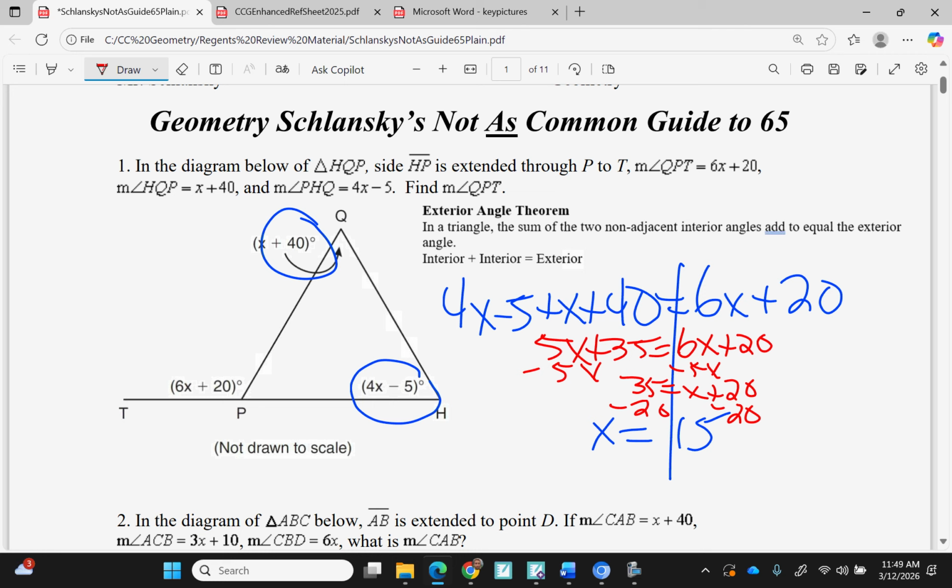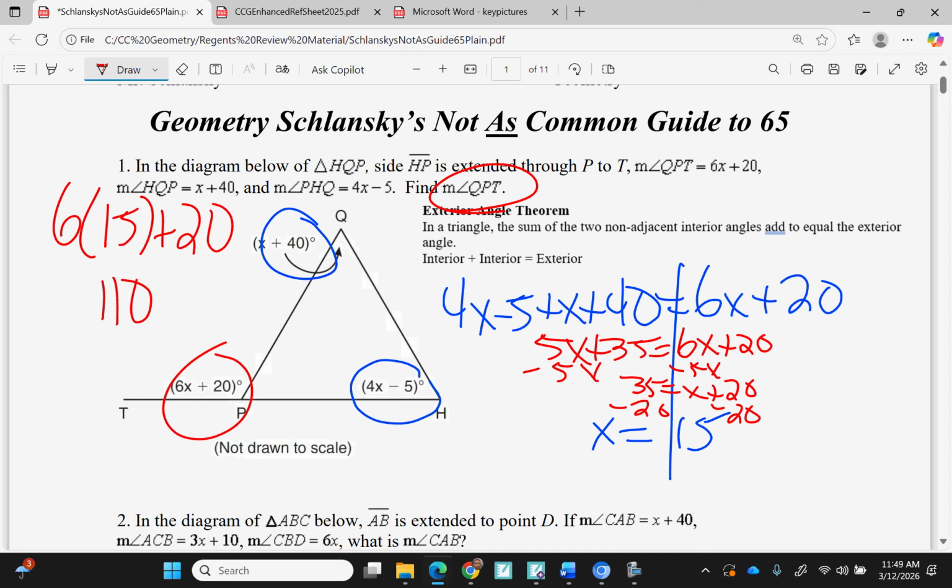Make sure you answer the question. It could ask for x. In this case, it asks for angle QPT. Well, angle QPT is 6x plus 20. So I do 6 times 15 plus 20. That's 110. So again, for an exterior angle, if you have an angle outside the triangle, interior plus interior equals exterior.